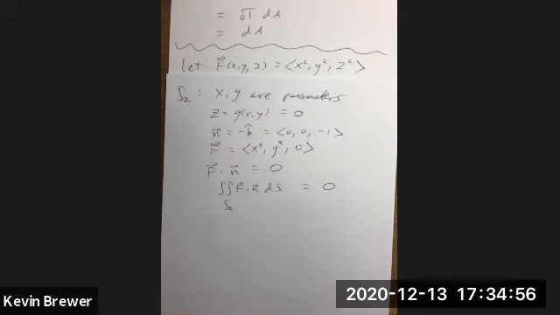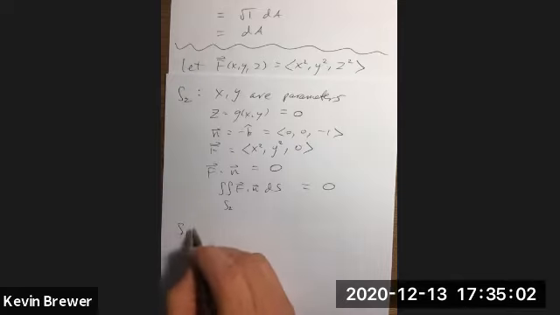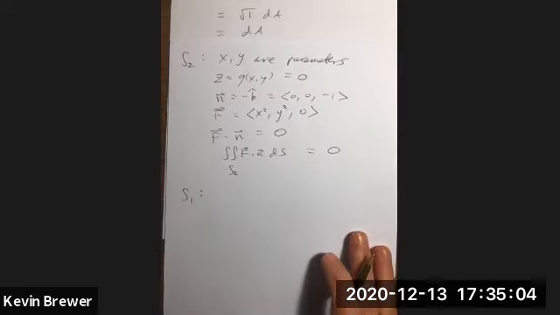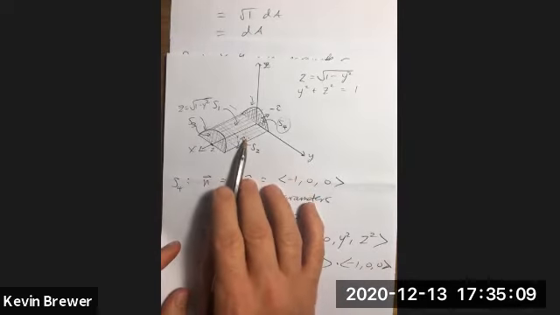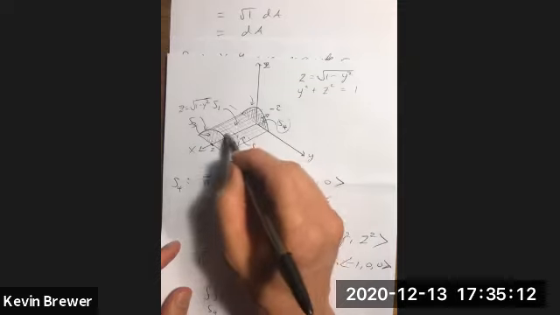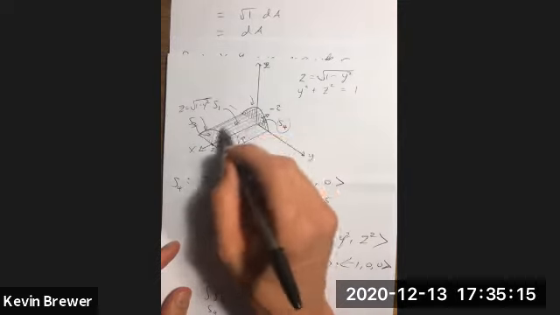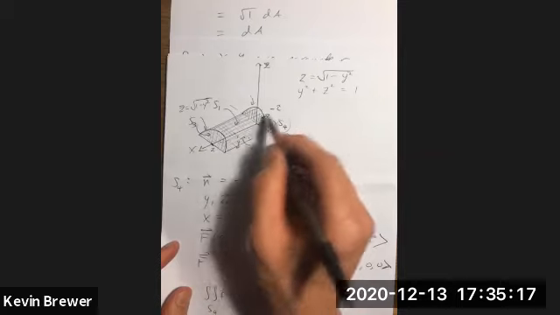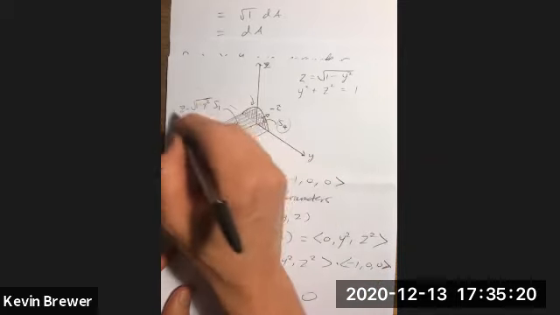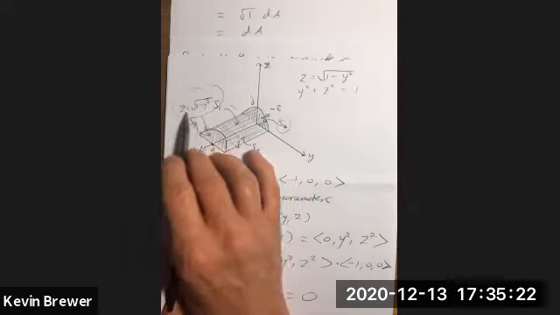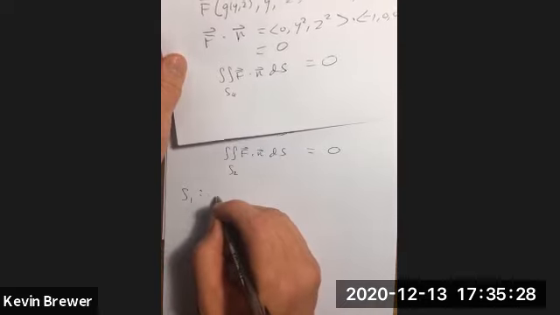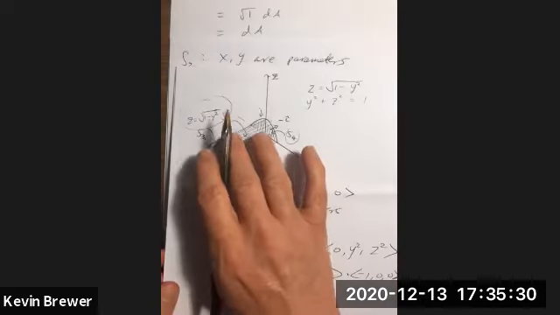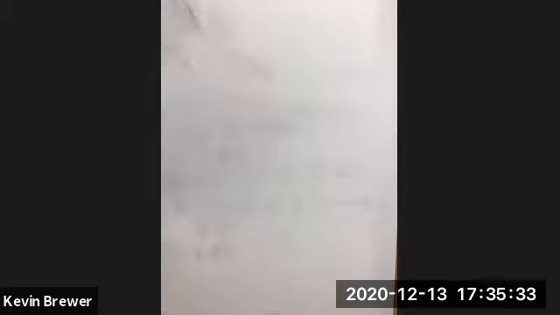All right, now for the fun part, what I labeled S1. For S1, we're not a flat surface. We are the curved part of the cylinder here, and it's given by this function here. So for S1, still, this is a function of x and y.